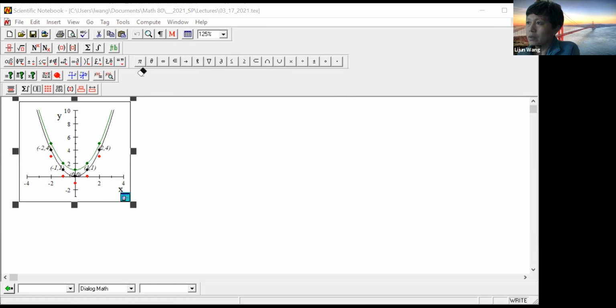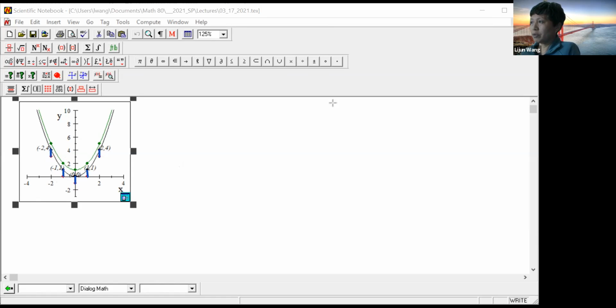When we have that, we shift it down by 1 unit. Do you see that? Same input, shifted down by 1 unit.